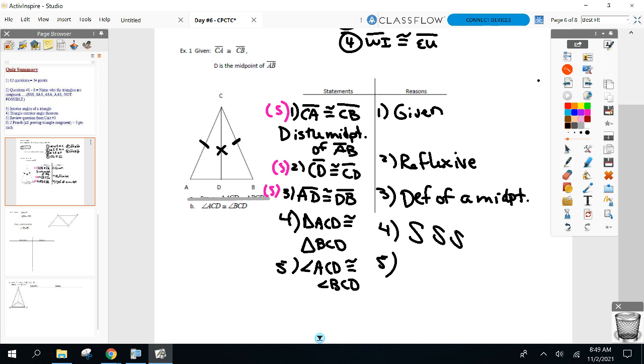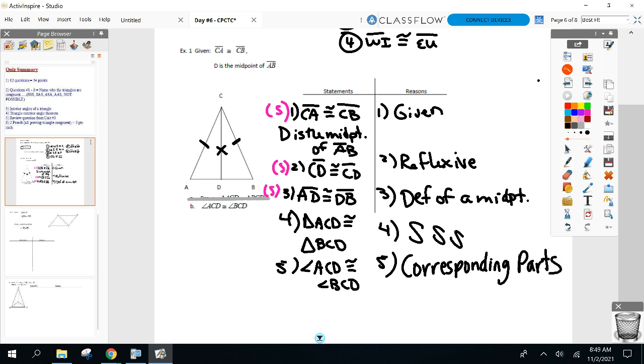Oh boy, I can just imagine the complaining and the whining that's about to happen. Are you ready for the reason? These two are corresponding, C-O-R-R, corresponding parts, right?